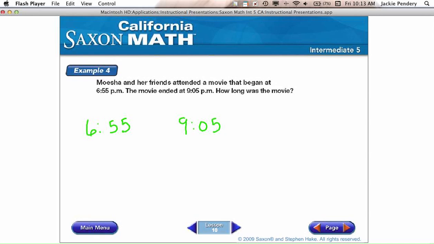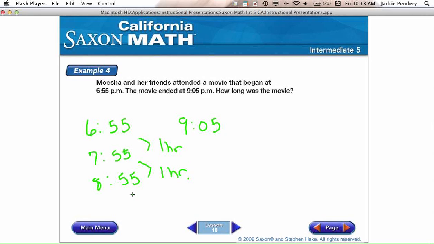6:55. Now, some of you are going to say, well, just subtract, which you can't quite do because there are only 60 minutes in an hour. So it doesn't really work to just subtract. So instead, we need to count forward. So 6:55 to 7:55 gets me 1 hour. 7:55 to 8:55 gets me another hour.